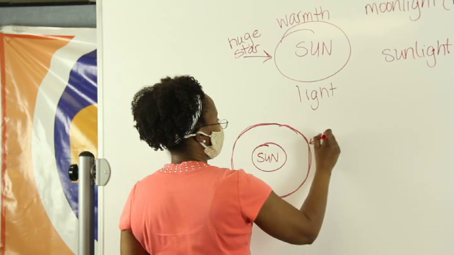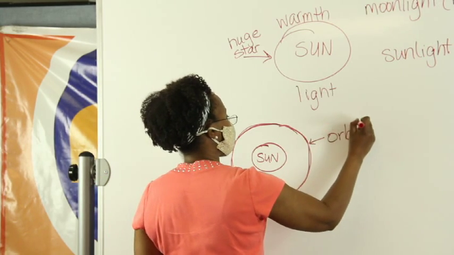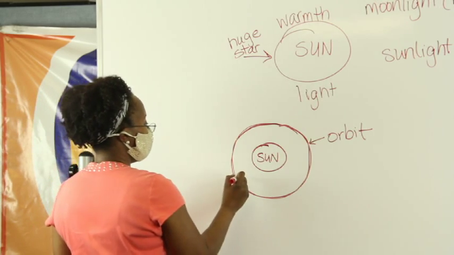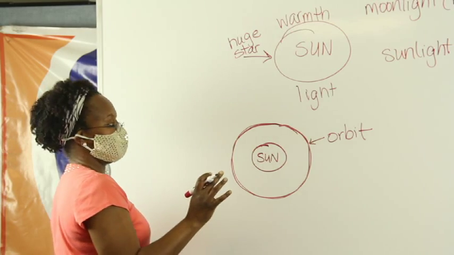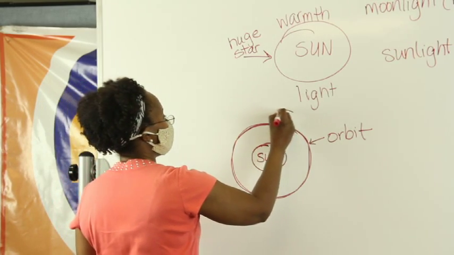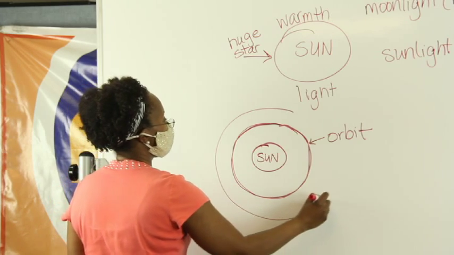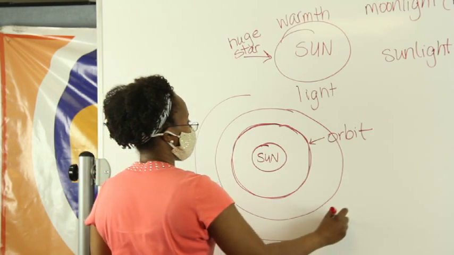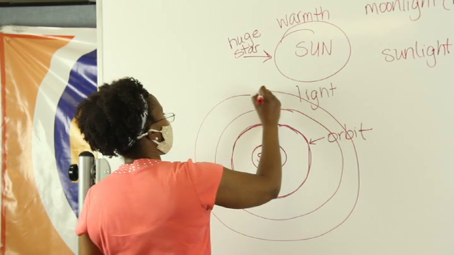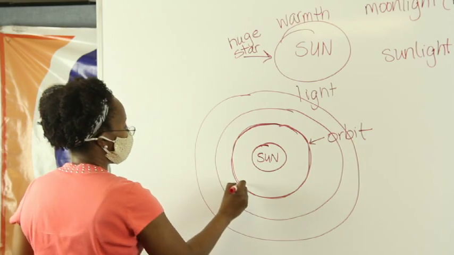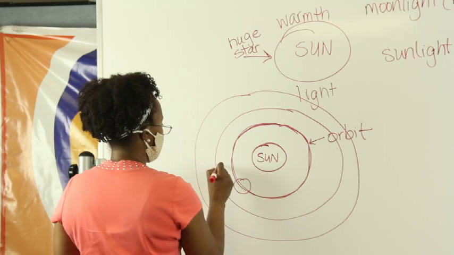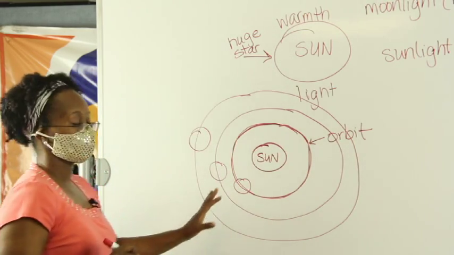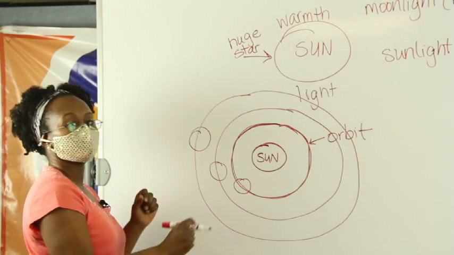And that path is called an orbit. Now, we have 8 planets. And so for each planet, you're going to have an orbit, just like this. Now, I'll draw some planets here. We'll talk about the order of the planets in just a moment. I'm only drawing 3 just because of the space that I have here.